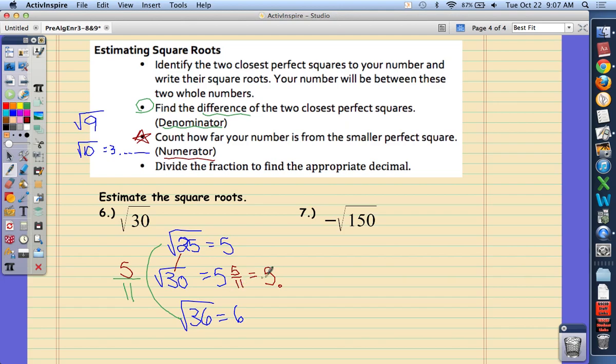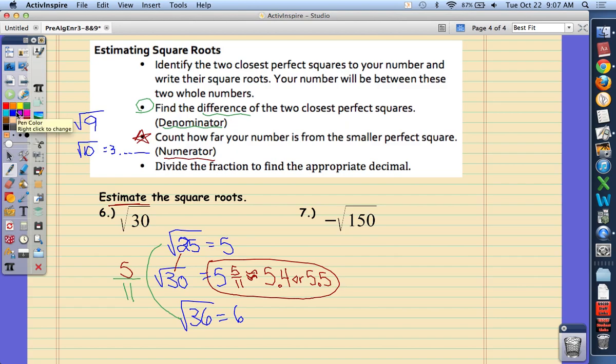So you could make this a decimal, and we could really take 5.4 or maybe even 5.5. This is just an approximation, so we should make approximate symbols because we are estimating. So we don't need to be exact, but these would be my estimates for the square root of 30. And again, we're focusing just on the principal root.